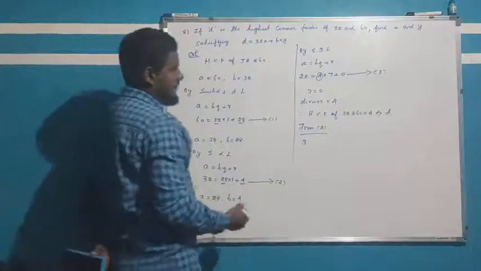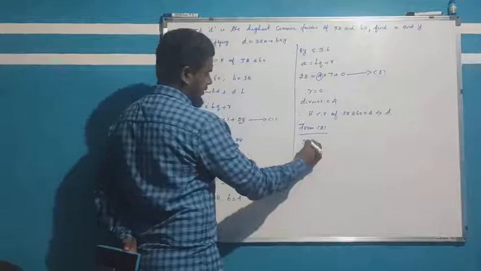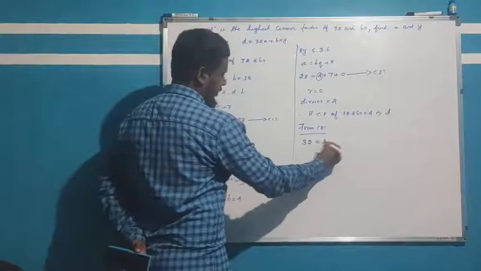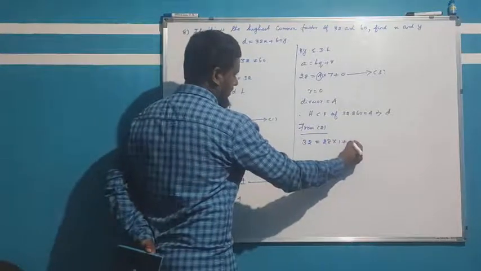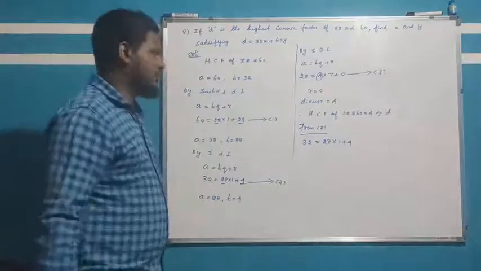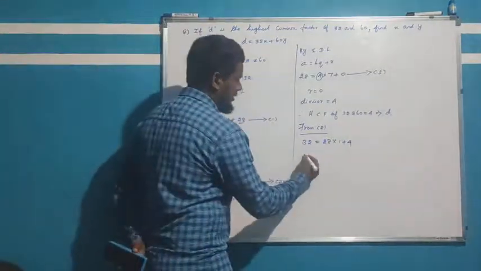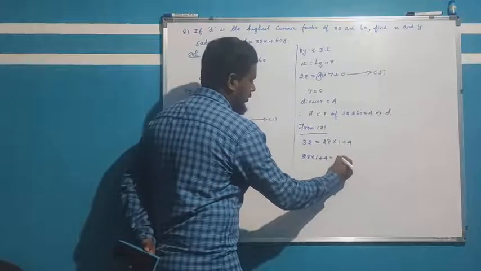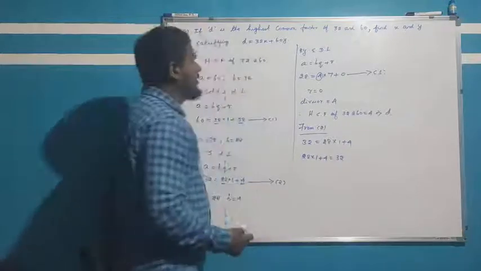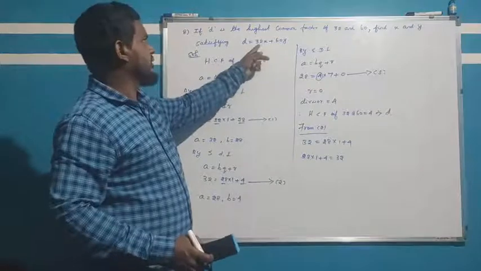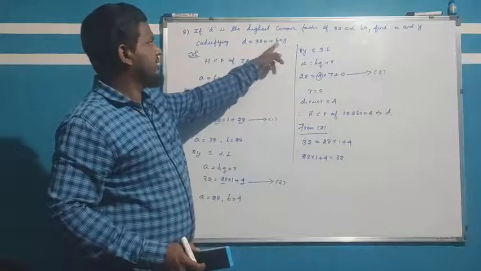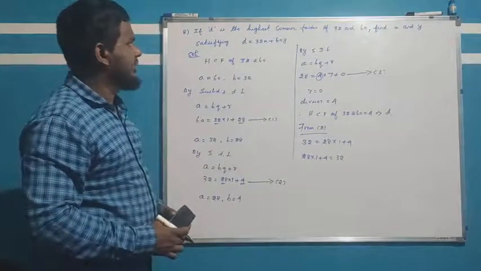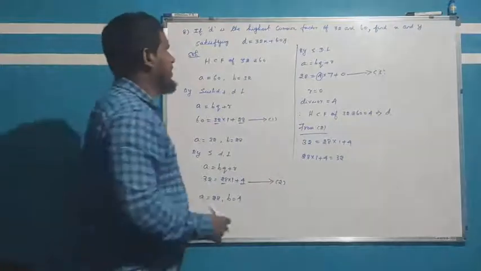Now equation 2: 32 is equal to 28 into 1 plus 4. Interchange the LHS and RHS, only interchanging: 28 into 1 plus 4 is equal to 32. In this equation, D is equal to 32x plus 60y.